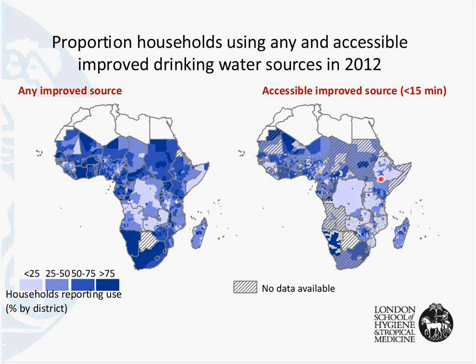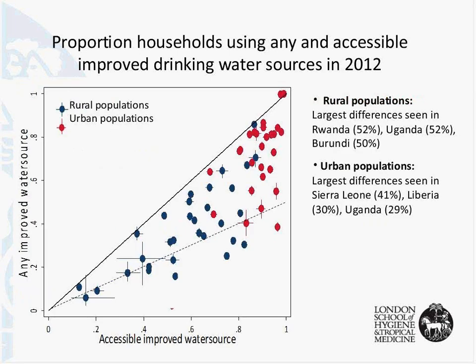And you can see levels here are much lower. So even though a lot of countries within Africa have achieved the Millennium Development Goal for improving the population with access to improved water, if we look at improved water which is actually accessible to the household, it's still very low. And if we compare urban and rural populations by country here, it's quite striking.